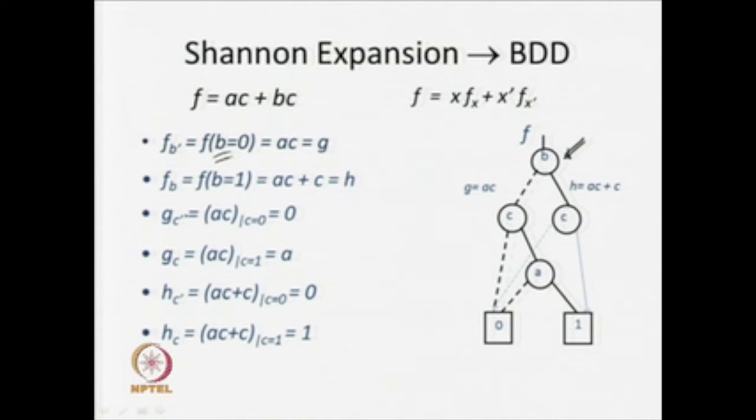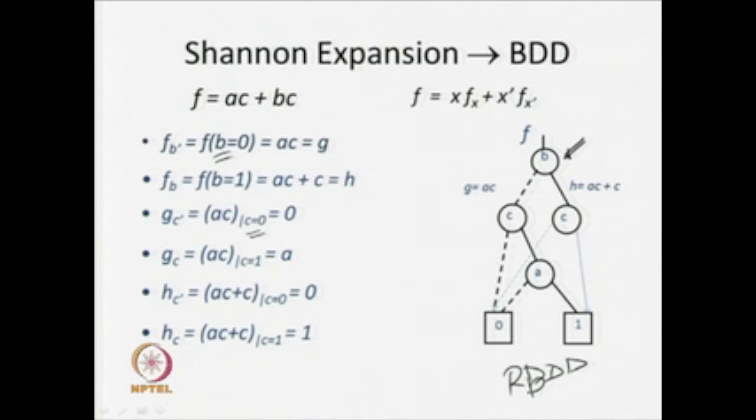That means, I am using the Shannon expansion on the variable c, and finally, we are going to apply the Shannon expansion on a. So, you just see that now I am having b, c, a. So, this is another reduced BDD on these 3 variables a, b, c. Again, you just see that it is a reduced one, you cannot apply any more reduction in this particular thing. So, we are getting a reduced BDD.